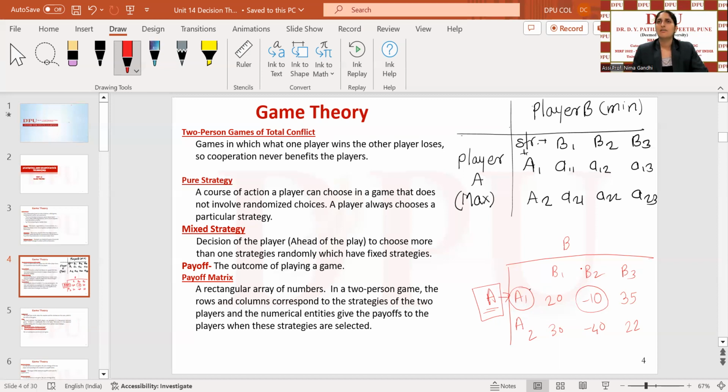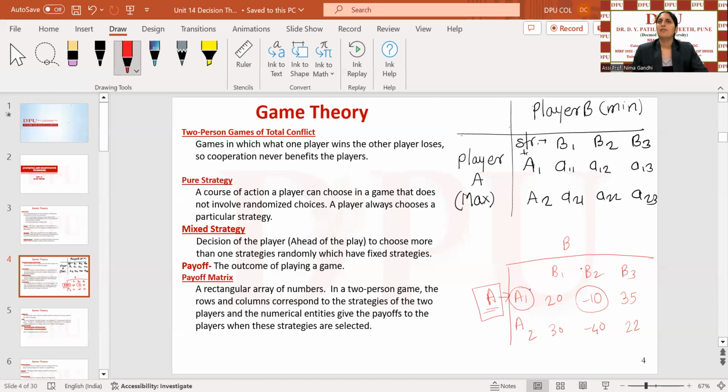Here minus 40 is there. What is the meaning of this? When A selects strategy A2, it will make a loss of 40 if B selects strategy B2. If A comes up with strategy A2 and B selects strategy B1, A makes a profit of 30 and B loses 30.